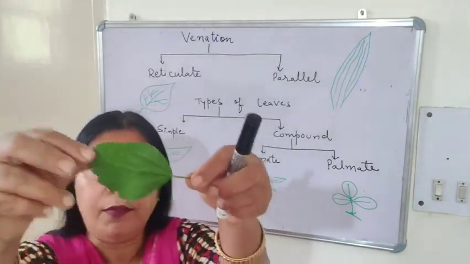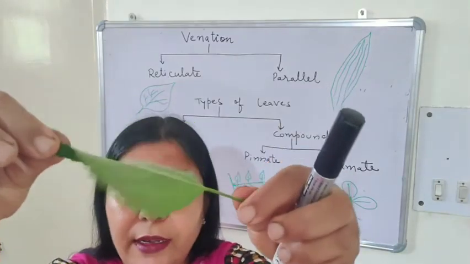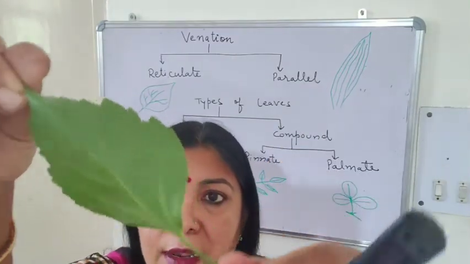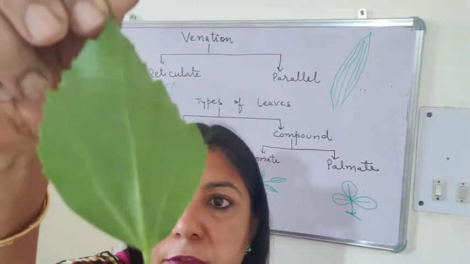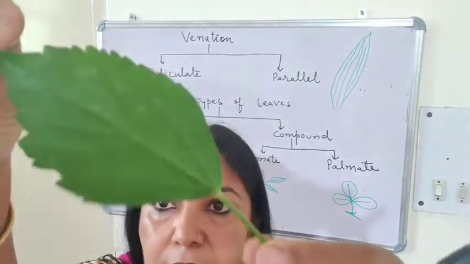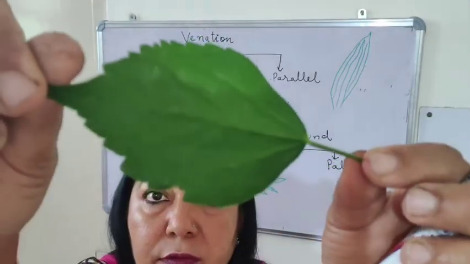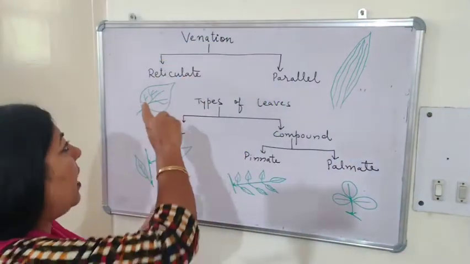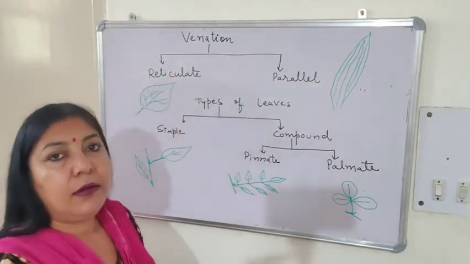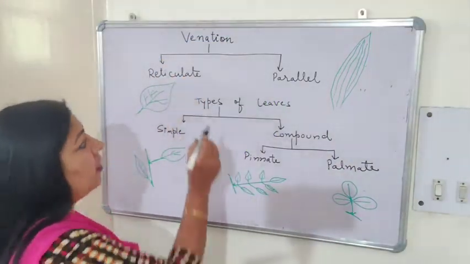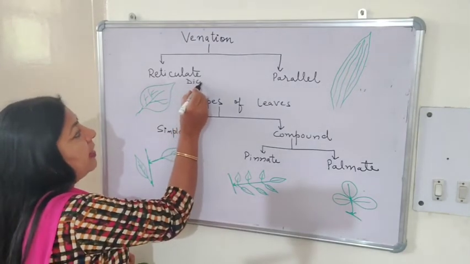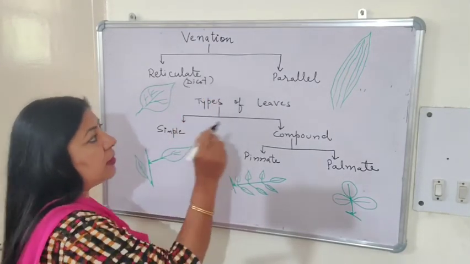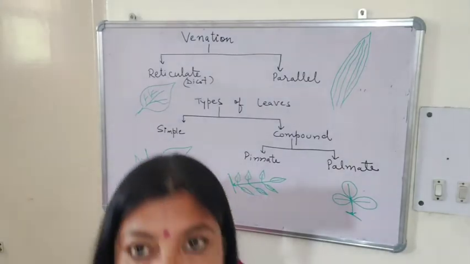For example, this is a dicot leaf, China rose. You can see the network is there. The veins are arranged in such a way that they form a network. So generally in dicots, the venation is reticulate, whereas in monocots, it is parallel venation.